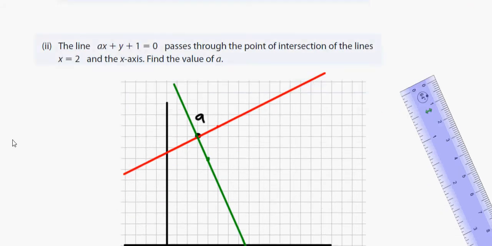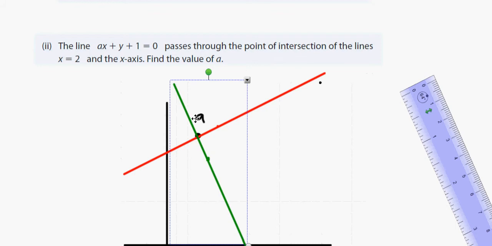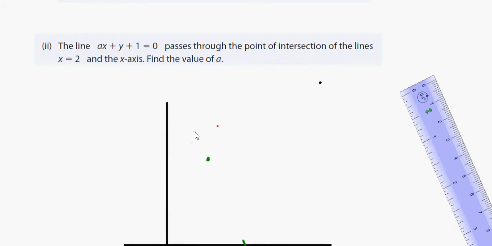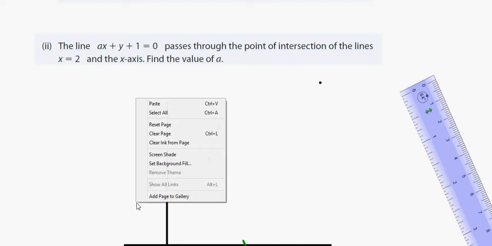So what we need to do here, we can just get rid of all this for a minute, and we're going to reuse our graph from earlier. What we're going to do is draw out what we're looking at.